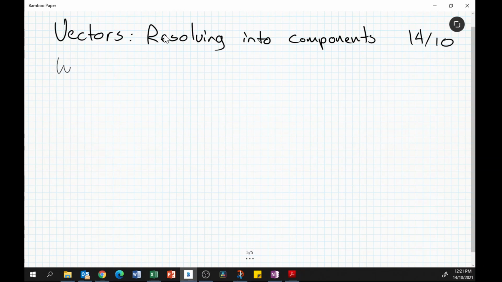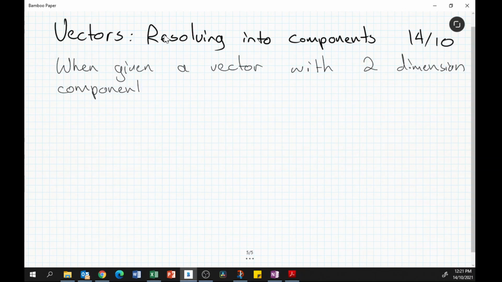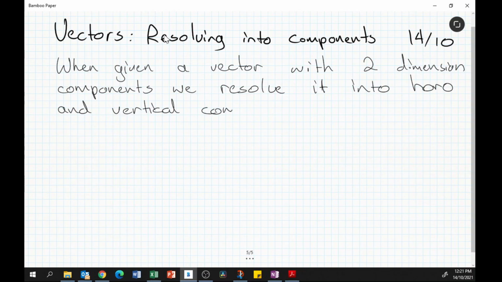So when given a vector with 2-dimensional components, we resolve it into horizontal and vertical, for ease of analysis.